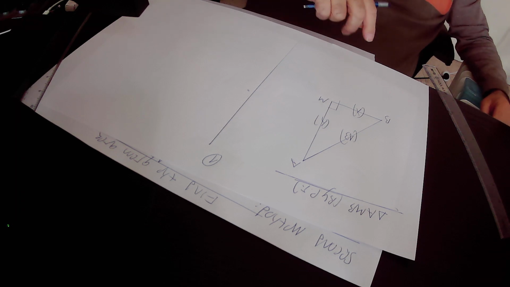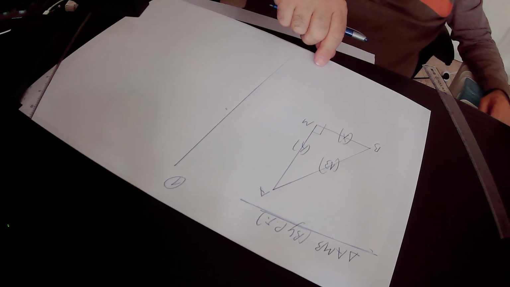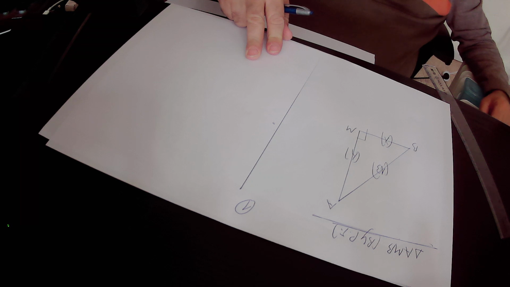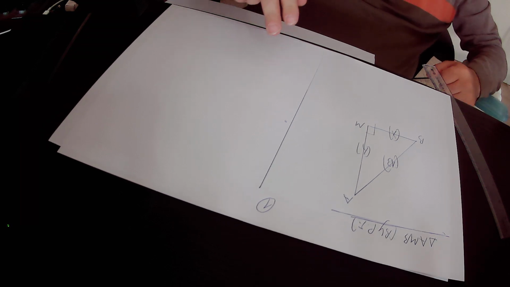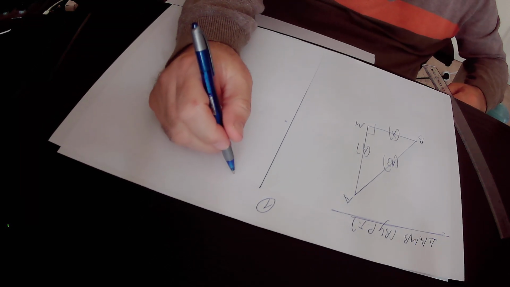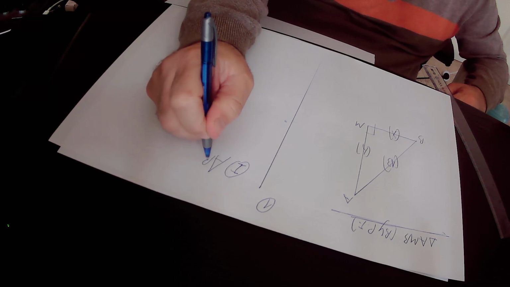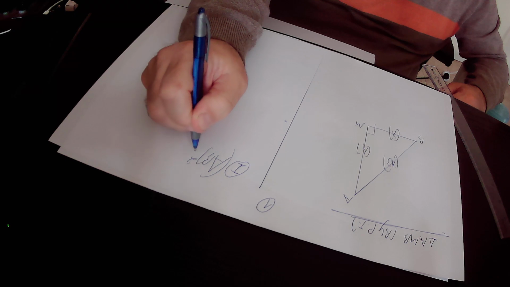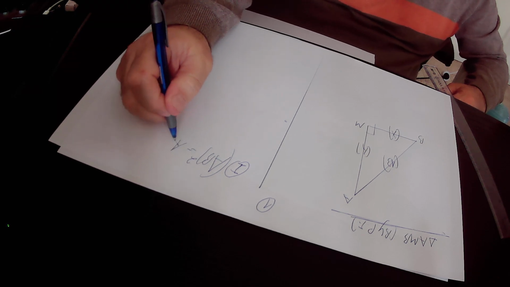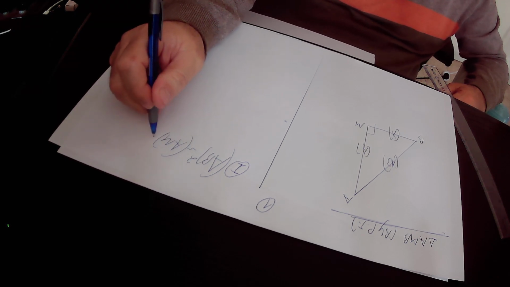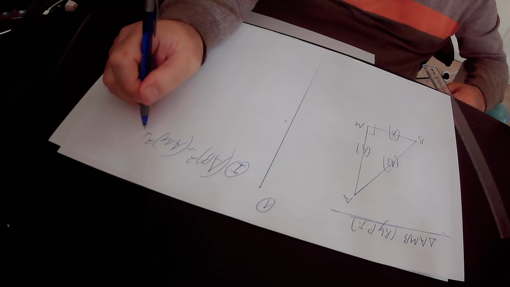So according to the Pythagoras theorem, we get that AB squared equals AM squared plus BM squared.